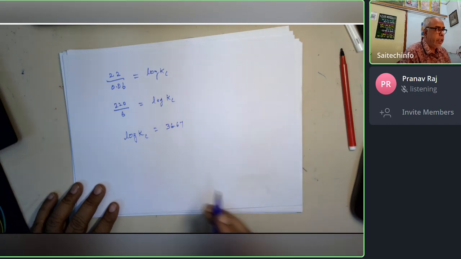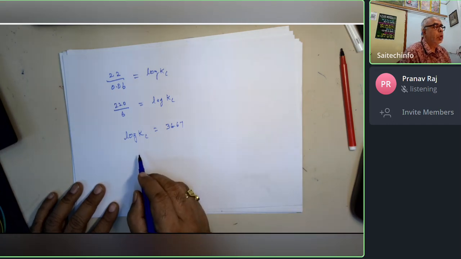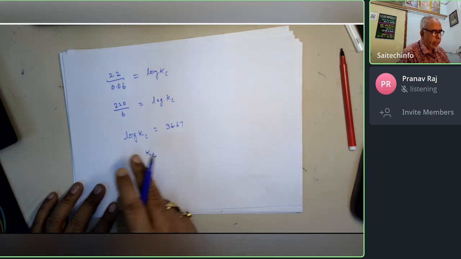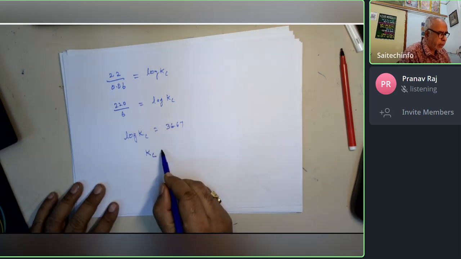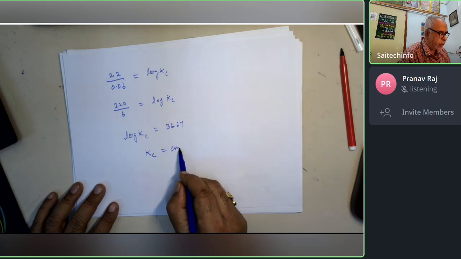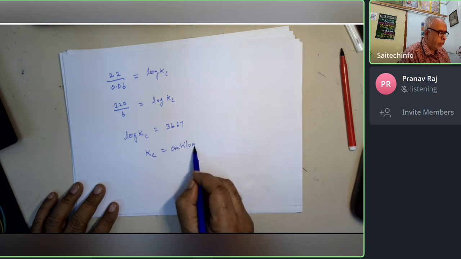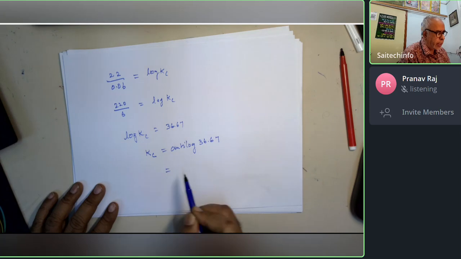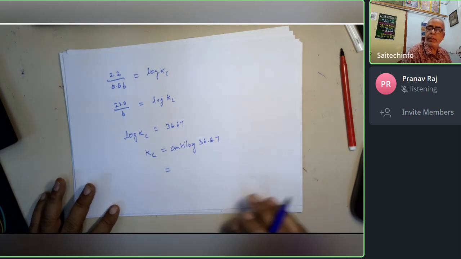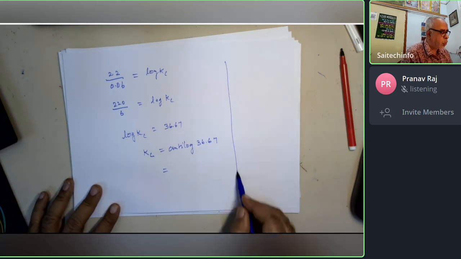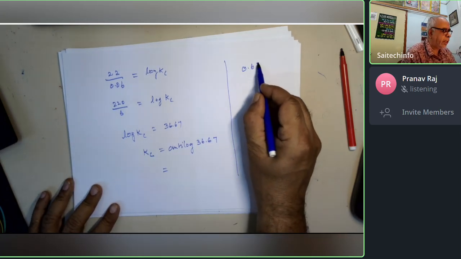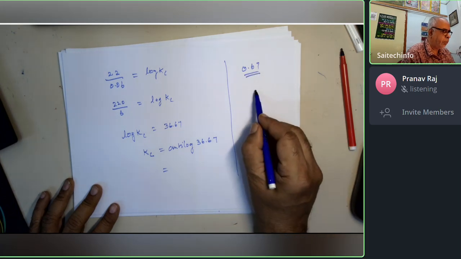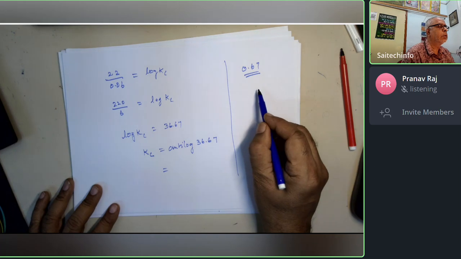Right. Now, what you are supposed to do: you have got this log Kc, you have to find out Kc. So take the inverse of log, that is nothing but the anti-log of 36.67. So what is the anti-log of 36.67? Take the 0.67 anti-log. How much?